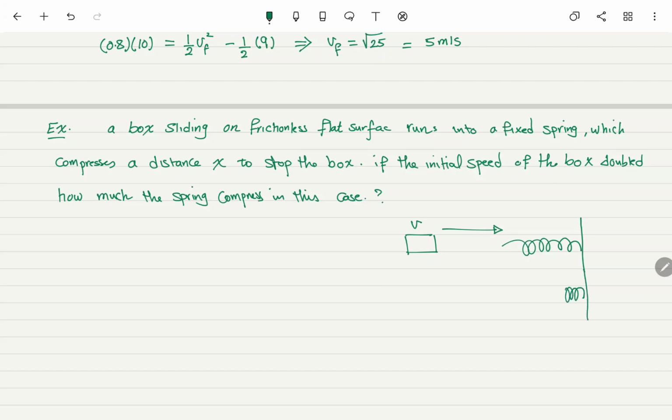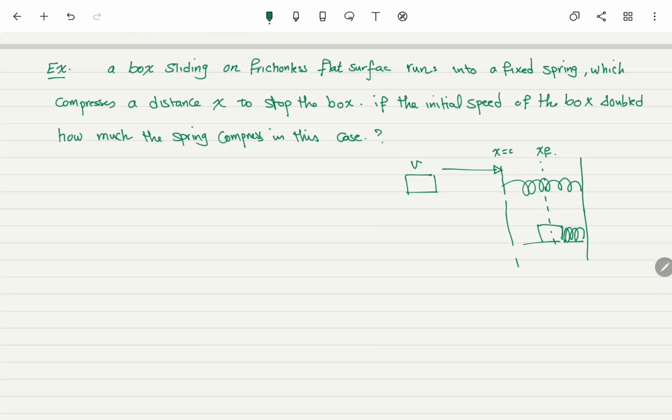So this is after the compression. This is the relaxed position for the spring, x equals 0, and this is the final position of the spring, x final. If we double the speed of the box here, how much will the spring be compressed?